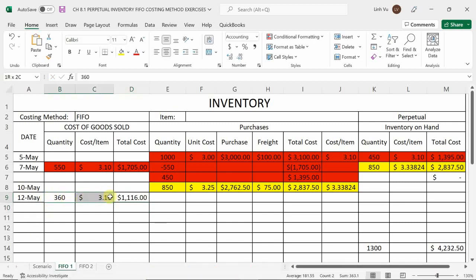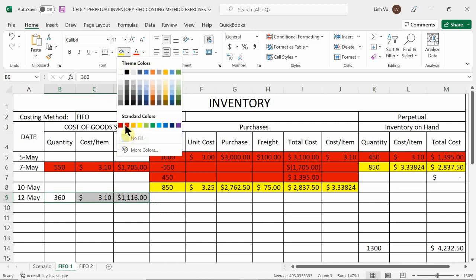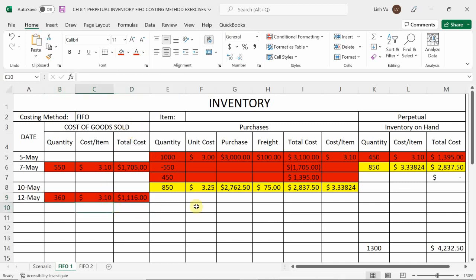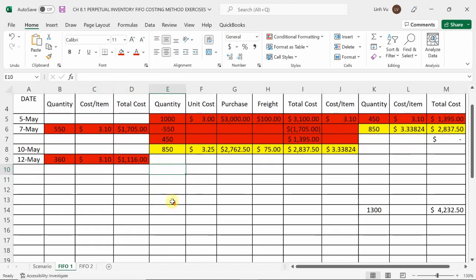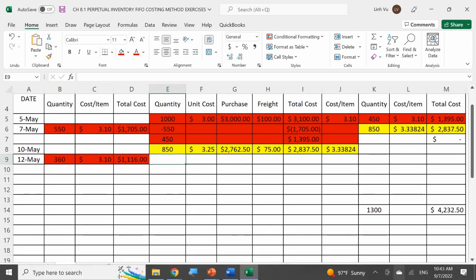Good. And this is coming from my red batch of inventory, okay? So therefore, let's go ahead and calculate what that is, okay? So again, this is where I'm going to do my calculating total so you can see visually where my inventory is going.